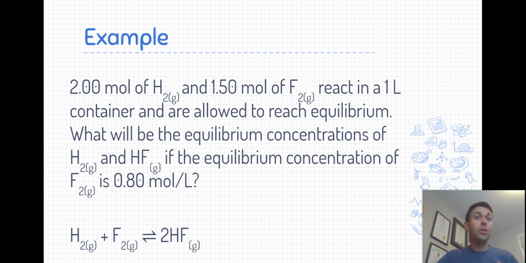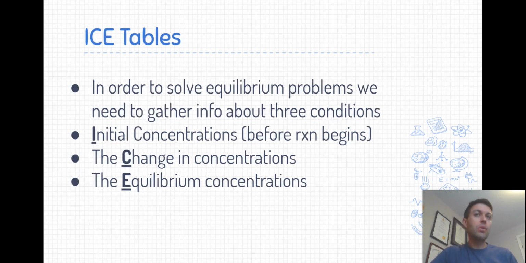In this example, we are given the initial concentrations of all of the chemical species. We are also given one of the equilibrium concentrations as well. This will be enough for us to determine all of the other equilibrium concentrations. For most equilibrium problems, we are going to set something up called an ICE table.